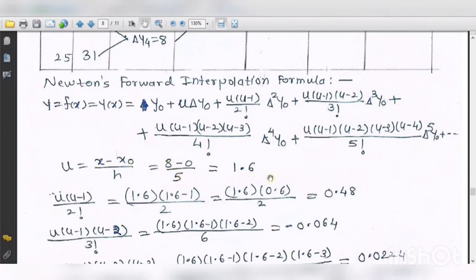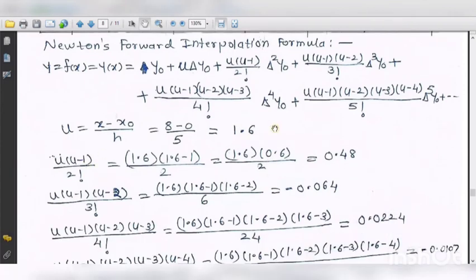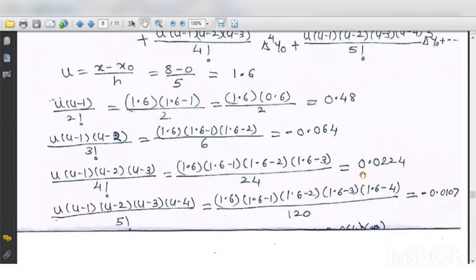So u is 8 upon 5, which is 1.6. Now here I have calculated this value directly. It is up to you how you do this, whether you calculate the values of u, u minus 1, u minus 2 separately and then substitute, or directly. But my suggestion is that you calculate them separately, because if you put it in the formula and try to calculate, it will be very confusing.